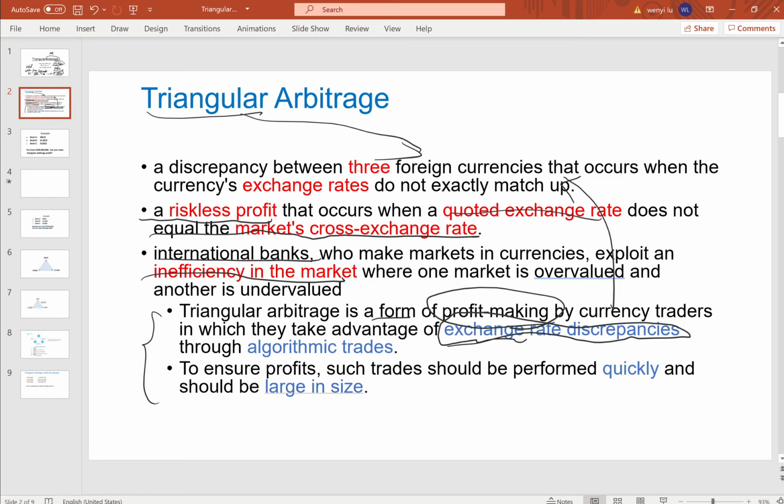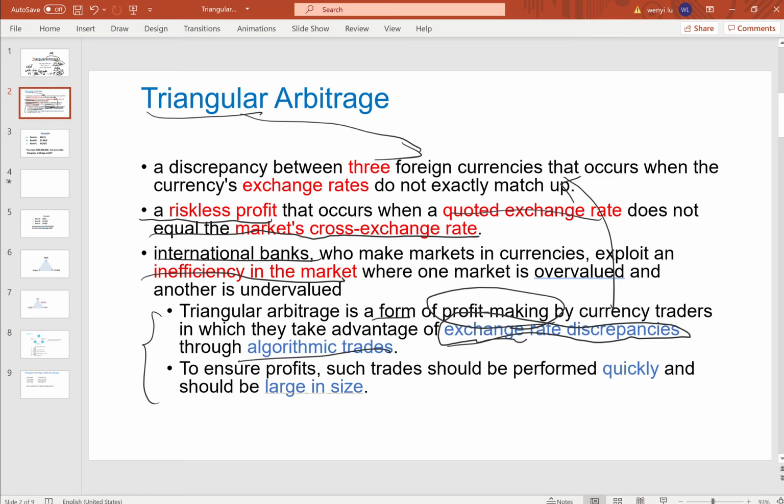The chance is very real and it will be gone very soon. So you cannot use human typing and calculation to do the calculations. We must use computer-based trading. It's called algorithmic trading. So we actually use programming and software to exploit this chance.